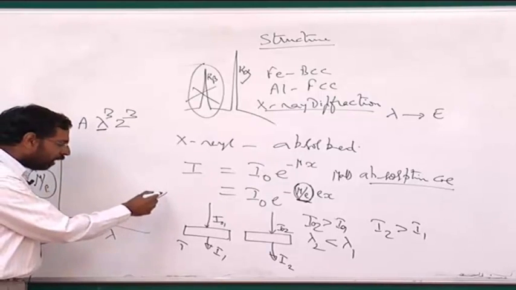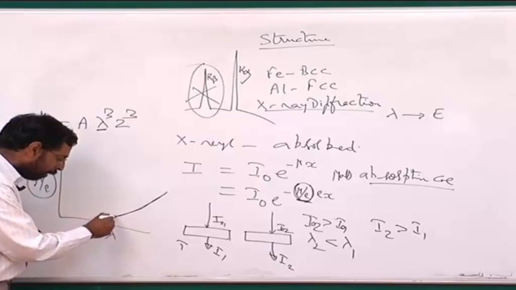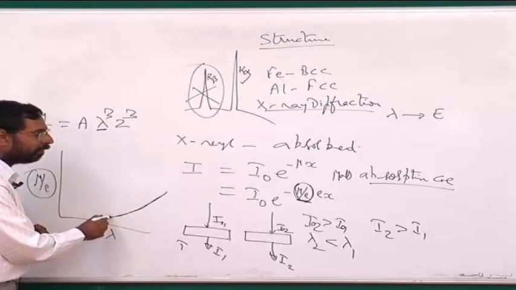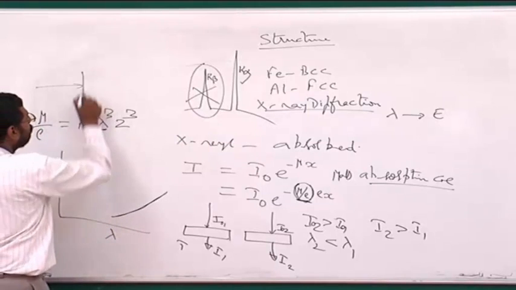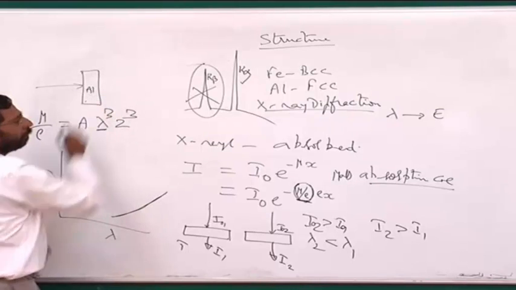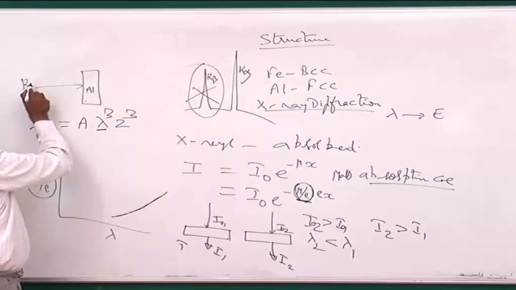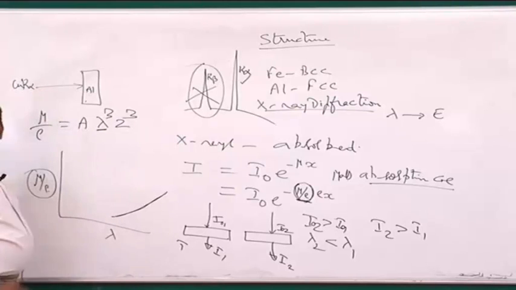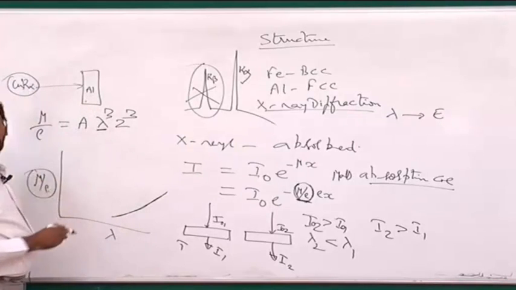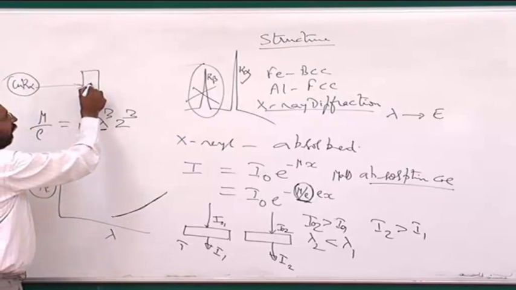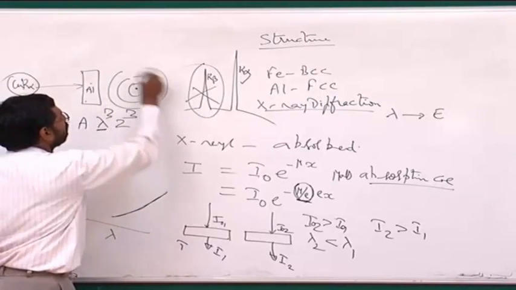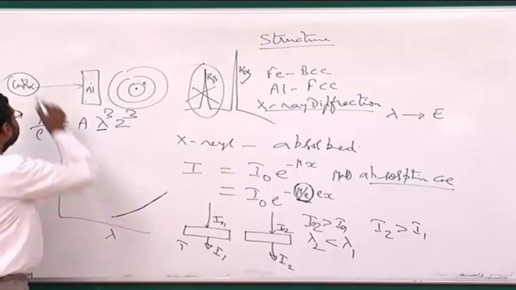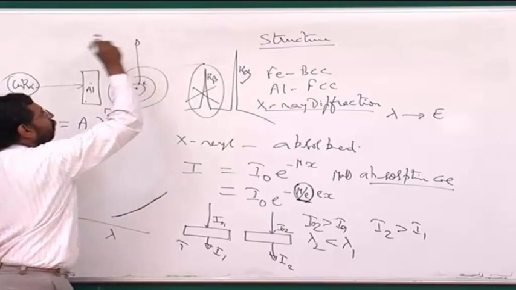But as the lambda keeps on decreasing, the energy increases, and at some stage this energy may be sufficient. If I am sending an X-ray beam, copper K alpha, on my sample, which may be aluminum, the moment the energy of this is higher than the energy required to knock off an electron from a K shell, this particular electron is knocked off.